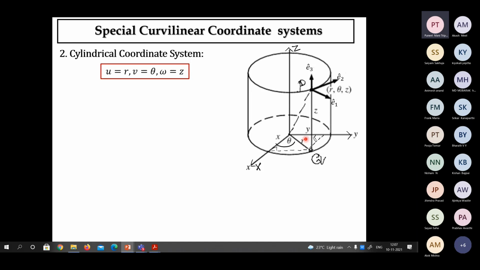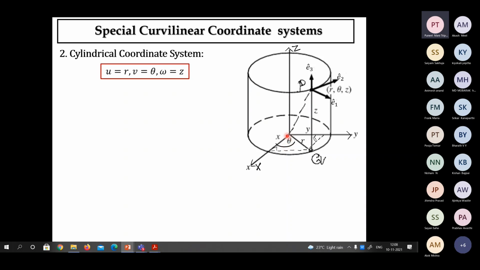r is the distance of point Q from the origin, where point Q is the projection of the real point P on the xy plane. And what is theta? This OQ is swept from the x-axis through an angle theta.